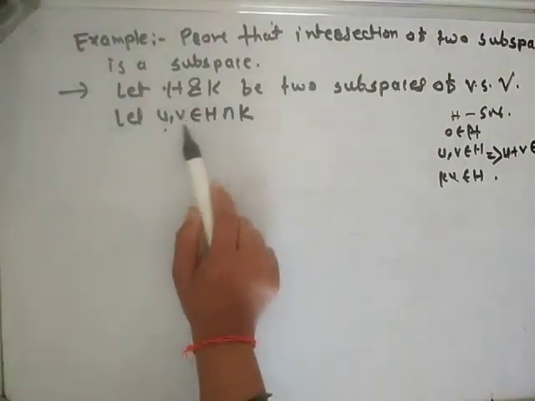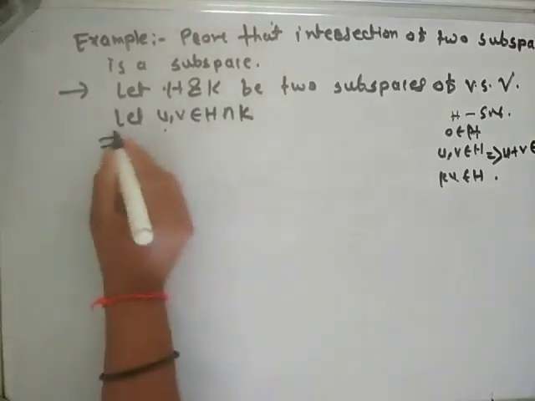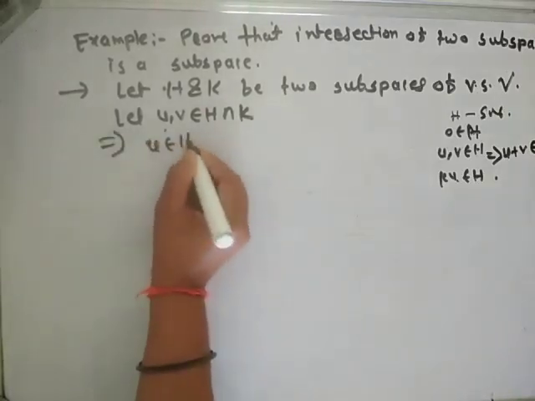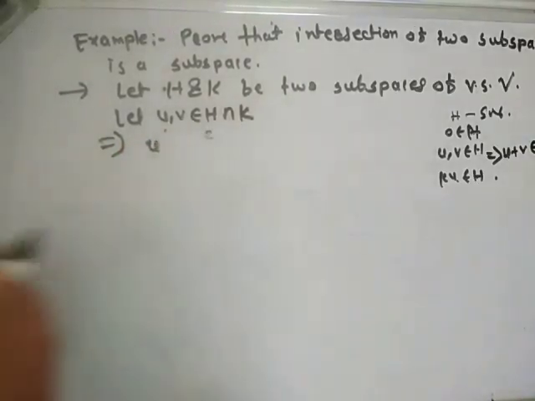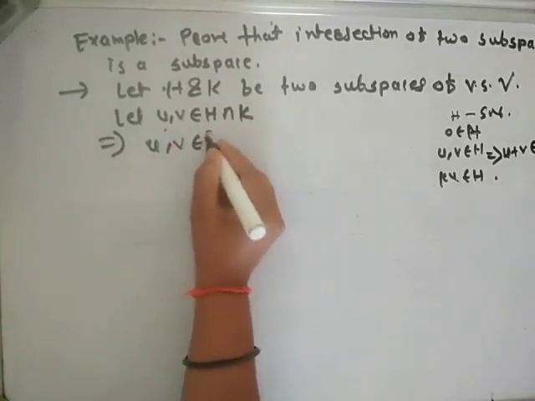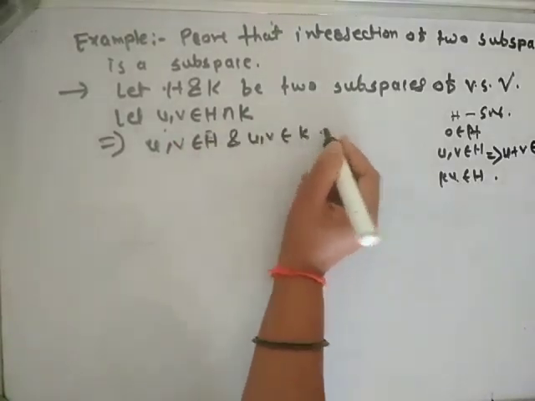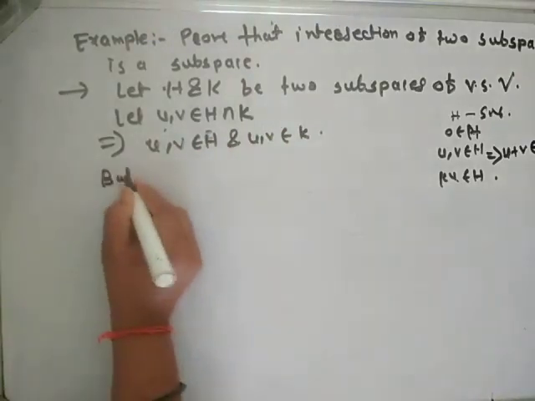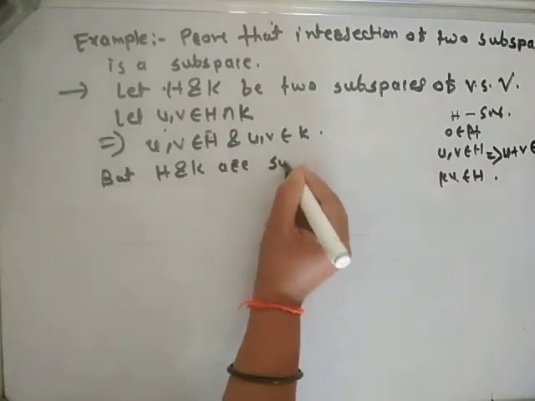Now let u and v belong to H intersection K. That implies u, v belong to H and u, v belong to K. But H and K are subspaces.